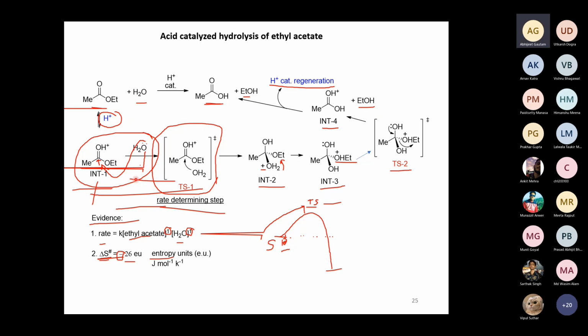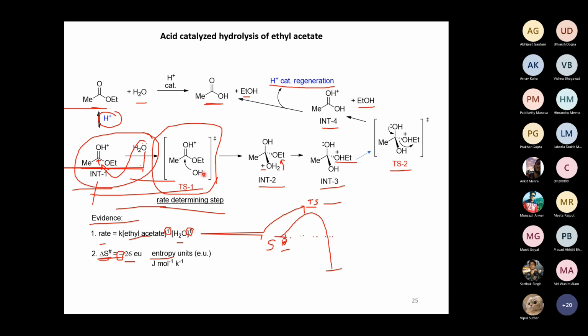We discussed. You can see in the beginning water is there, intermediate one is there, they are free. But in the transition state, they are coming close to each other and forming a single molecule, right? They are decreasing their entropy. Their randomness is decreasing. They are not free anymore. Water is not free anymore. It is getting restricted.